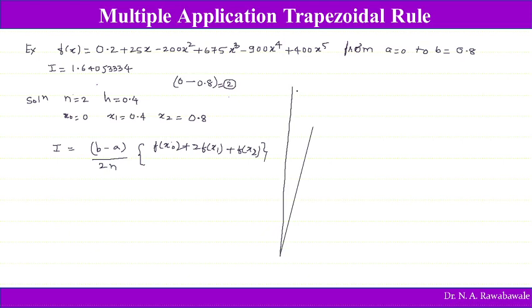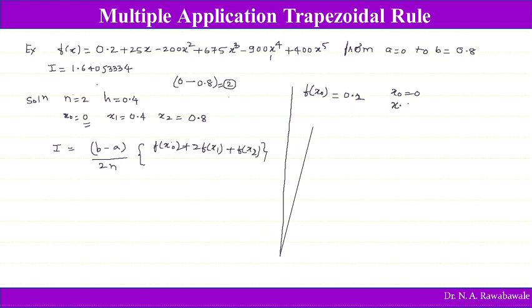If we substitute x0 is equal to 0 in the above function f of x, everywhere x is there, everything becomes 0 and only 0.2 remains. So f of x0 is 0.2.